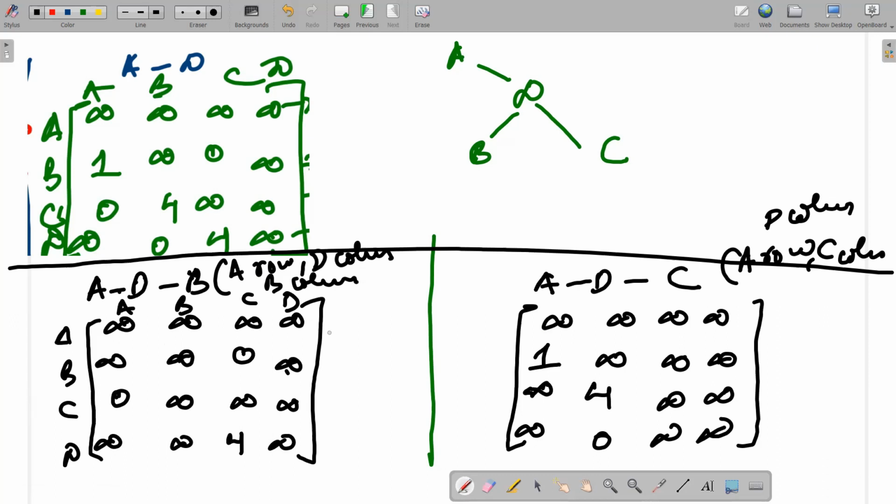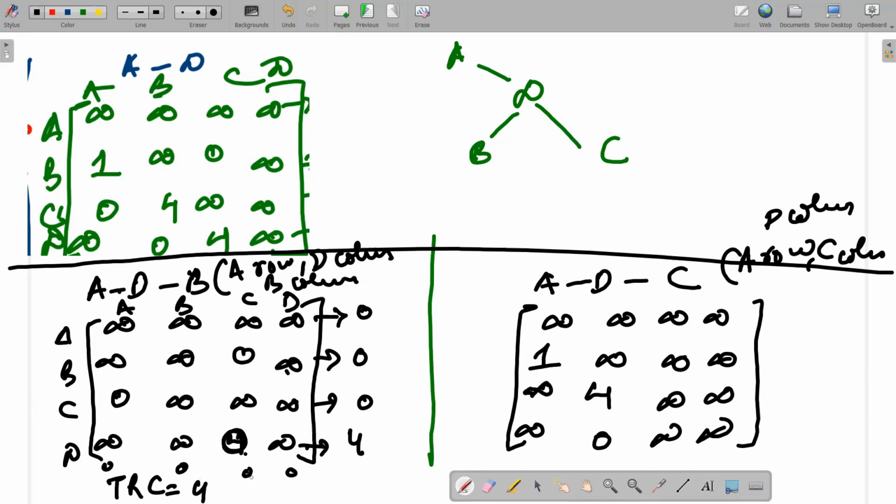Calculate the answer over here. The answer would be 0, 0, 0, infinite, infinite, 4, infinite, 4. Reduction is 4, right? So if I reduce 4, the answer becomes 0, 0, 0, 0, 0. So the total reduction value is 4, right?